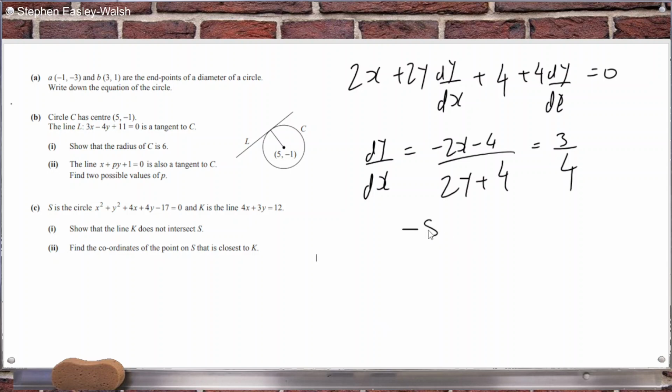So that would be minus 8x minus 8 minus 16 equals 6y plus 12. So I have 6y equals minus 8x minus 28.